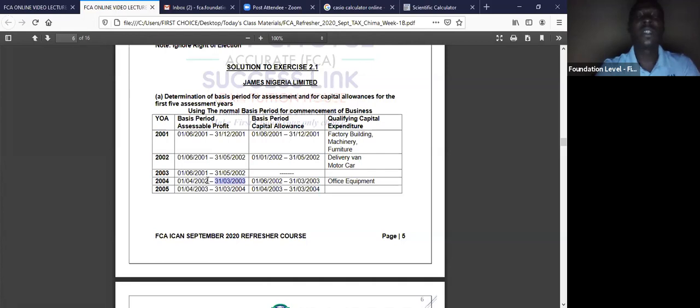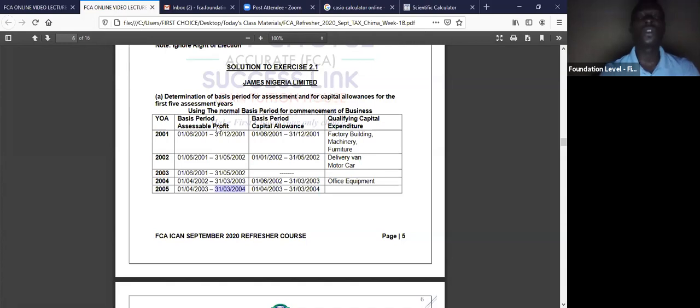That means the account would have started on April 1, 2002. Use the formula I gave you. If you are here, just ask yourself what is tomorrow's date, April 1, and you bring 1 year backward. So you have set the template. For 2005, here we still carry April 1, 2003 to 31st March 2004.